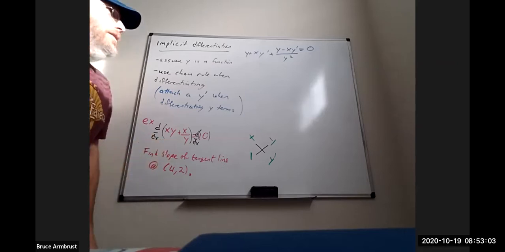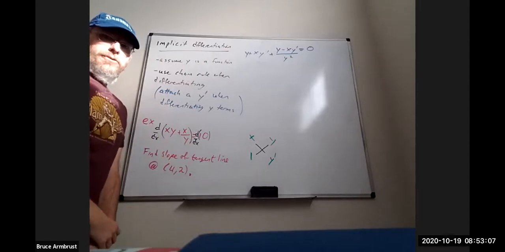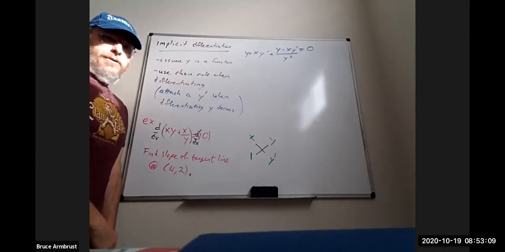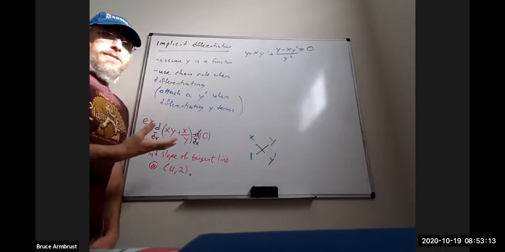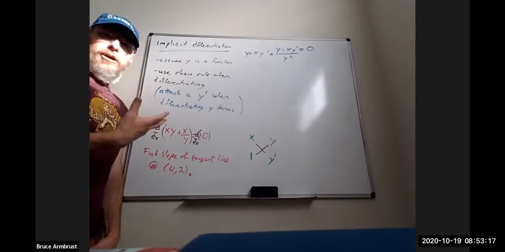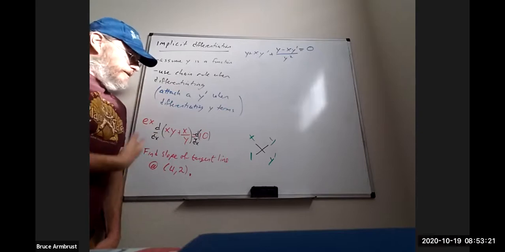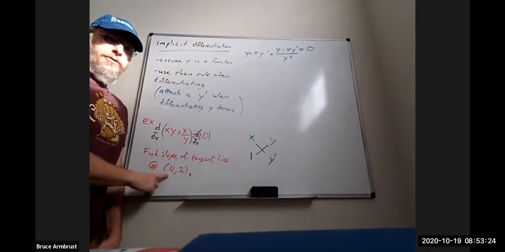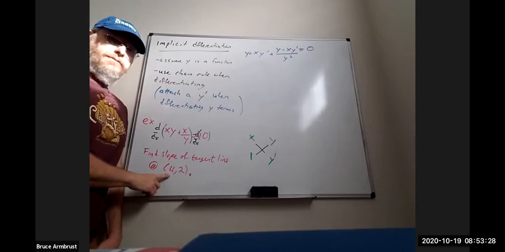All right, so there it is. There's our relationship between y prime and x's and y's. So one thing we could do at this point then is solve it for y prime, right? Do some algebra on it to get y prime equals. But I'm not going to do that since we are given a point, since we were told, hey, let's find the derivative at the point (4, 2).